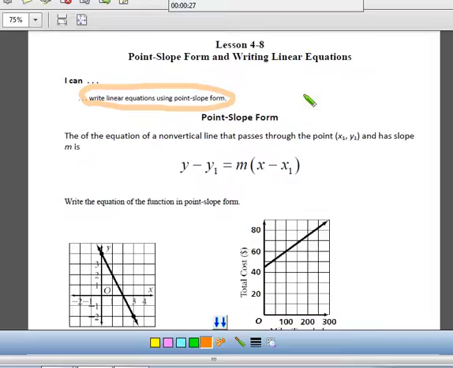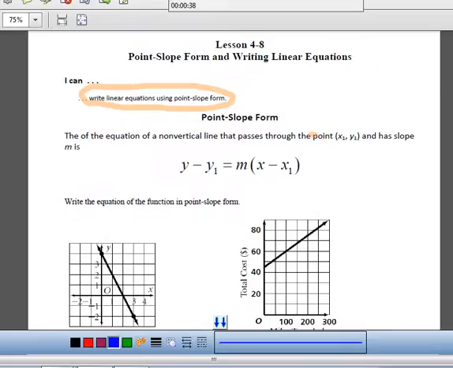Slope-intercept, remember from before, is y equals mx plus b, where we need the slope and the y-intercept.